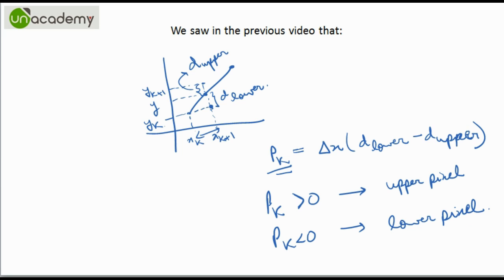Now let us examine one thing, that when are we to use this decision parameter? All the coordinates on the x-axis are moving in unit distances. Therefore, we can have all calculations in integers.